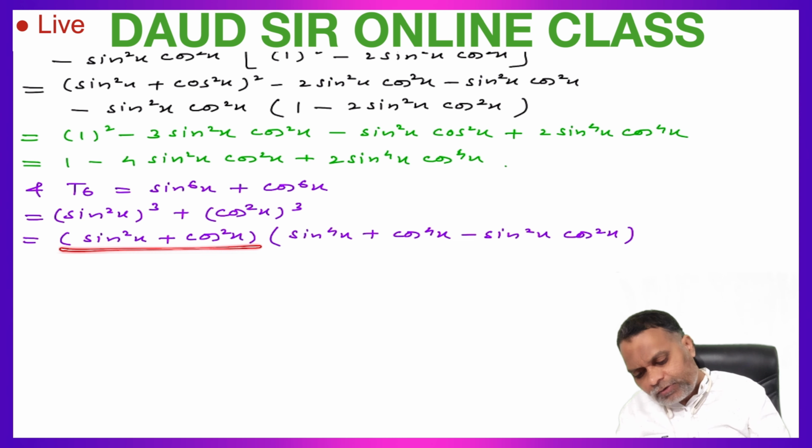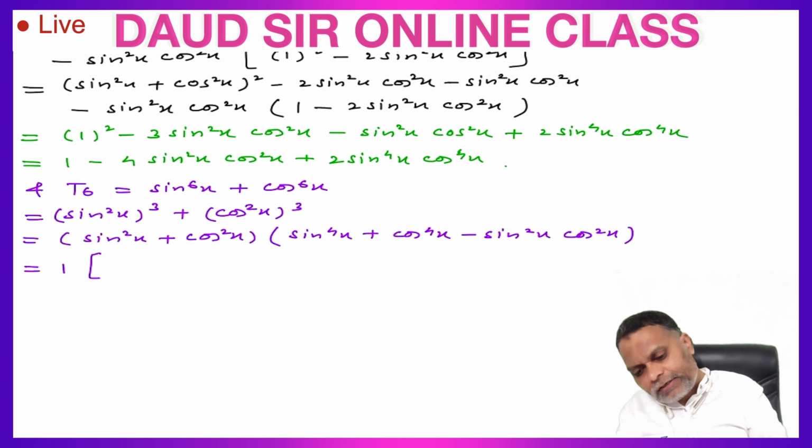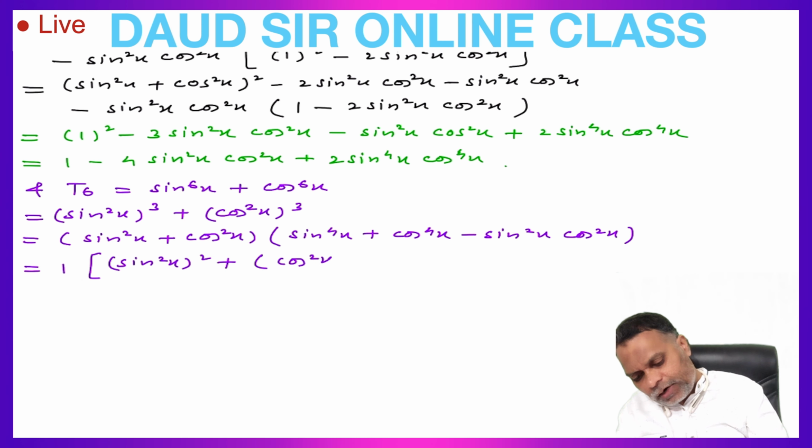Here this sine square x plus cos square x will become 1. In this bracket, write this sine raised to 4x and cos raised to 4x, sine square x whole square plus cos raised to 4x can be written cos square x whole square minus sine square x cos square x as it is.